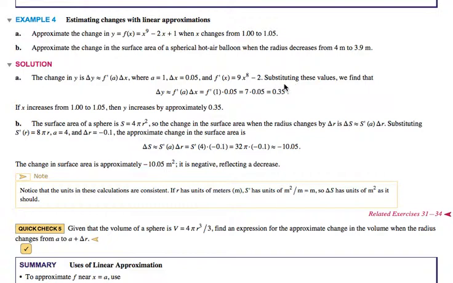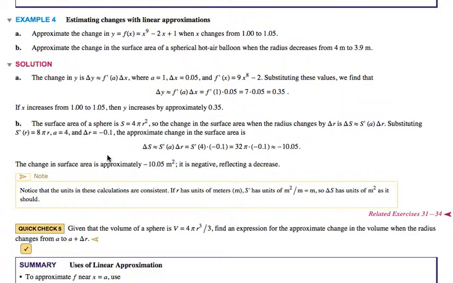So we substitute these values in and find that delta y is about the derivative at 1 times 0.05, or 7 times 0.05, which is about 0.35. And we'll say that if x increases from 1.00 to 1.05, then y increases by approximately 0.35.